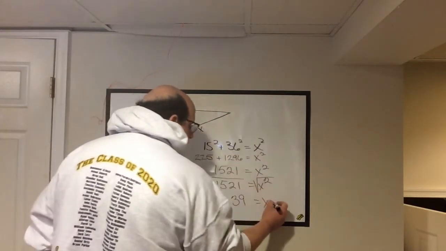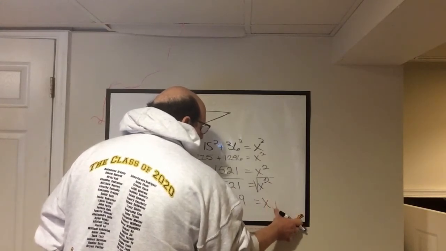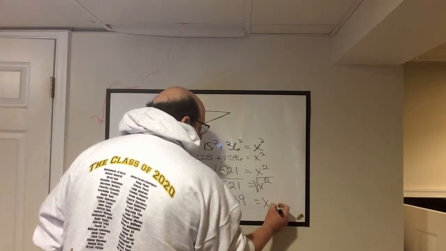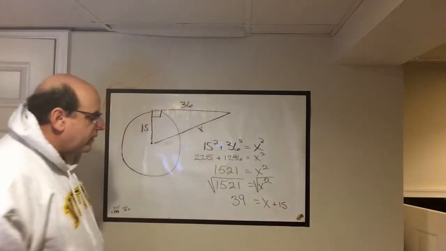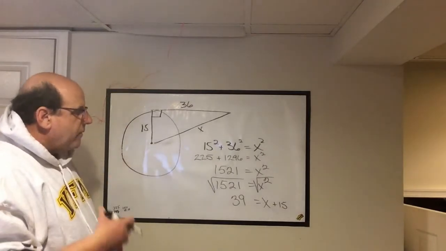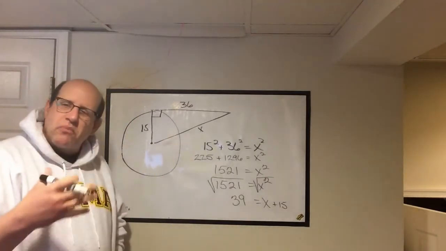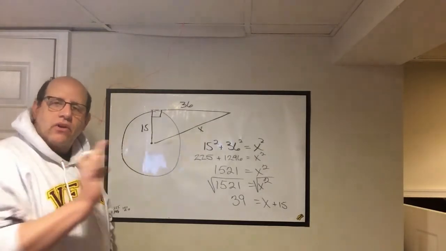So it's really x plus 15 equals 39. And I could have put that in there and squared the whole thing, but then it would have been a much, much bigger mess had I started out with this.